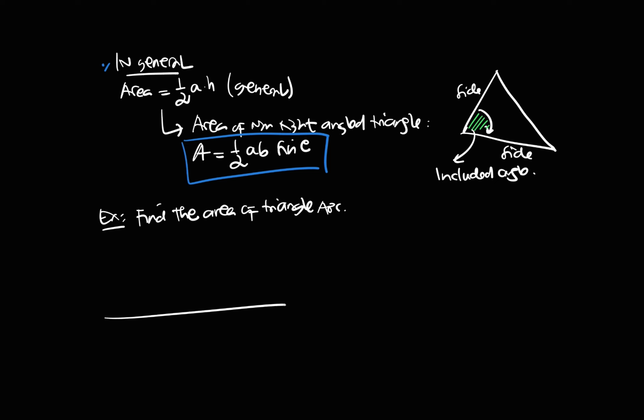So the area of triangle ABC, then this is A, B, C. This is 28 degrees. This is 11 centimeters, 15 centimeters. So we can find the area.